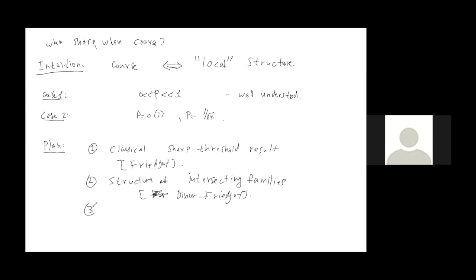Actually, when I was preparing the talk, I was more ambitious with the plan that I had in mind. So we'll spend a fair bit of time showing this result. Then finally, I'm going to tell you about some new sharp threshold results, and as much as time allows, I'll show you a new application to extremal combinatorics.